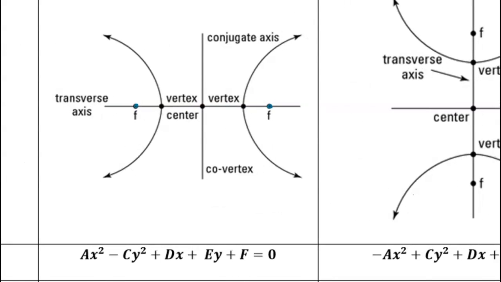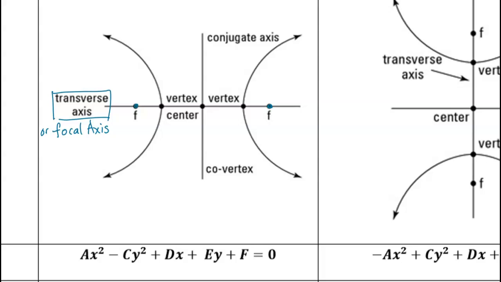I also want you to notice that we no longer call the line that the center and foci go through the major axis anymore. We call this the transverse axis, or focal axis, I think they call it. Which is annoying to me that they changed the name.